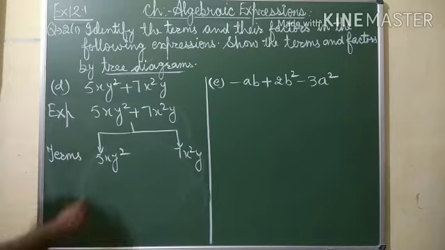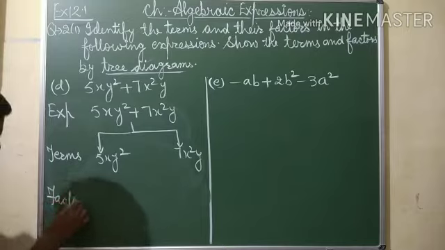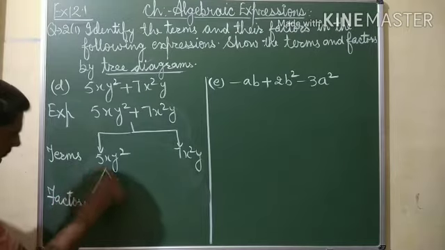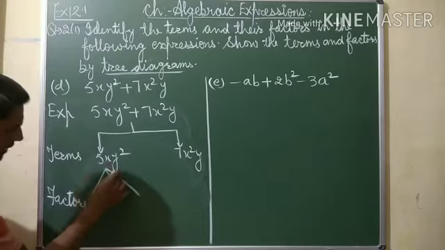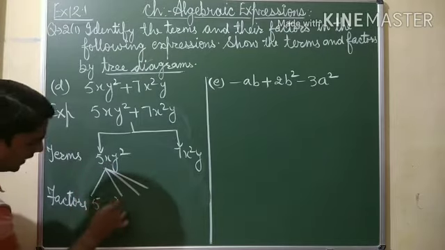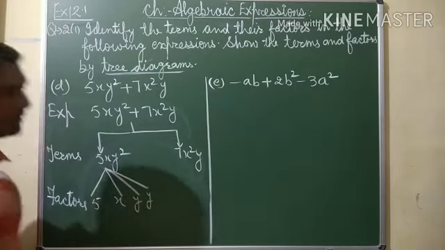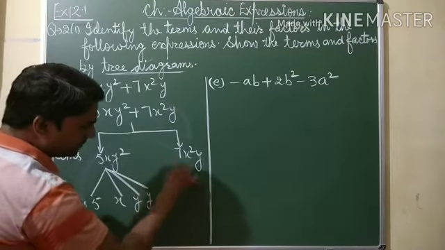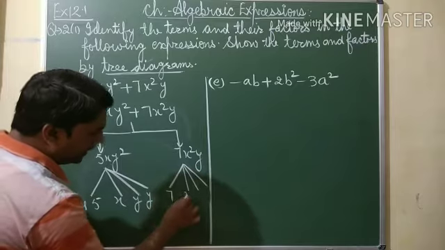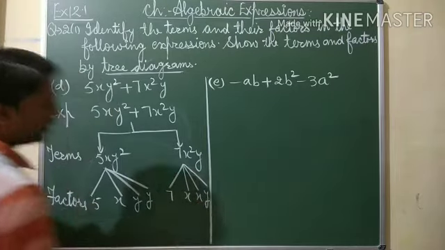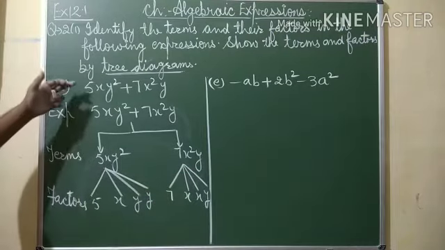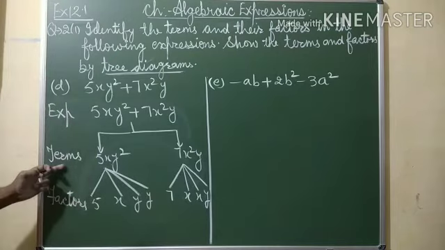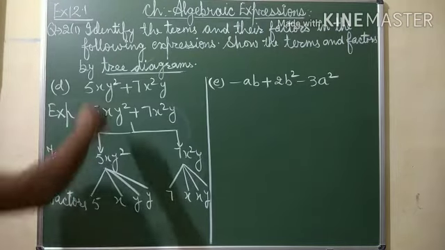Now factors of these terms be represented as factors of 5xy square be 5, x, y and y, and factors of 7x square y be 7, x, x and y. So this is the required tree diagram to show terms and factors.